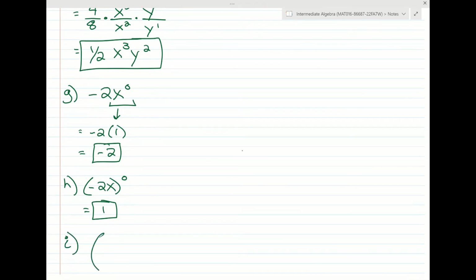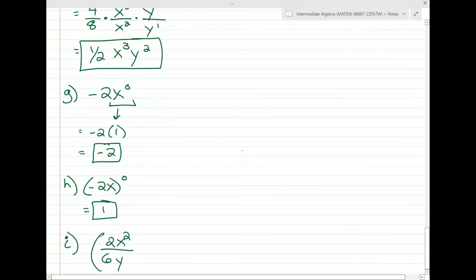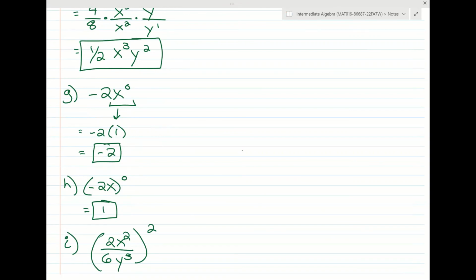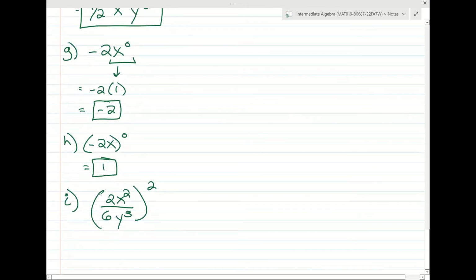And then take 2x squared over 6y to the third, to the second power. Couple different ways we could do this.